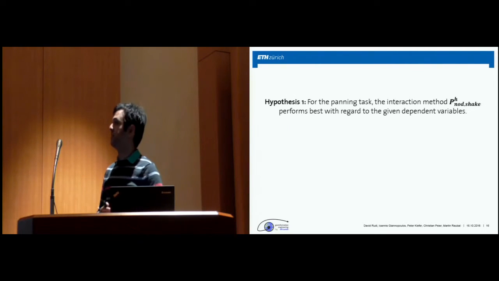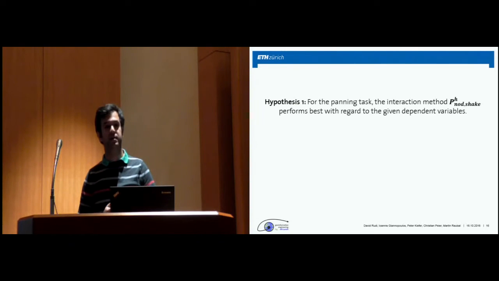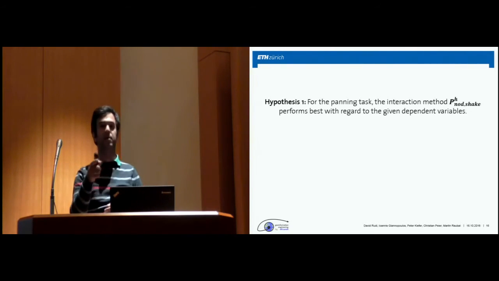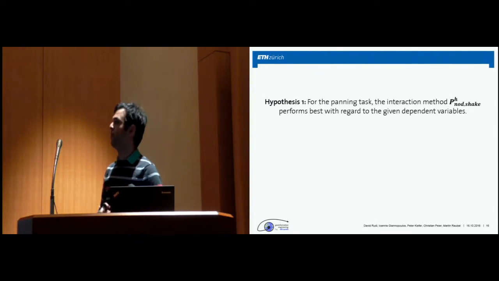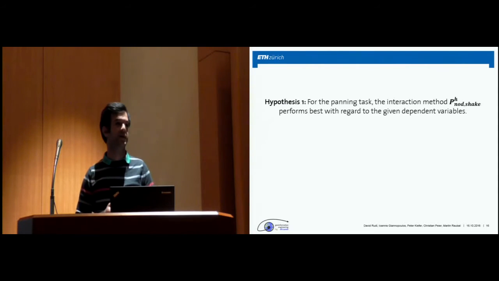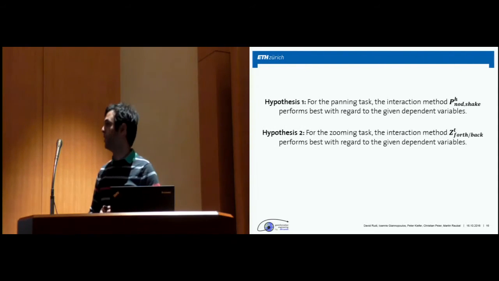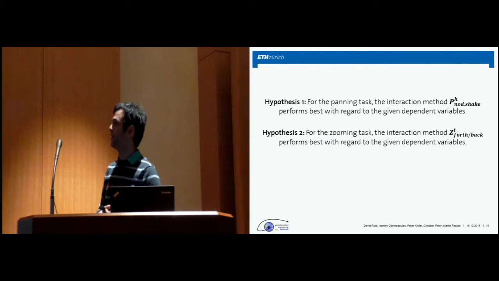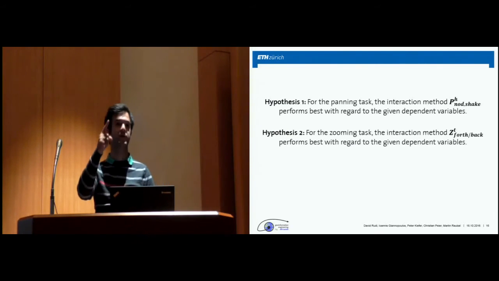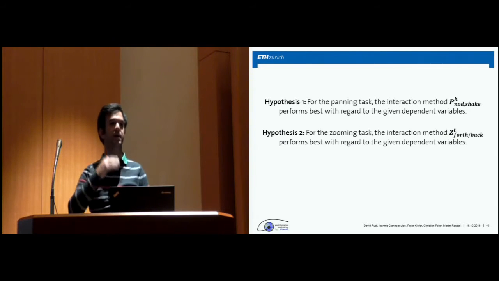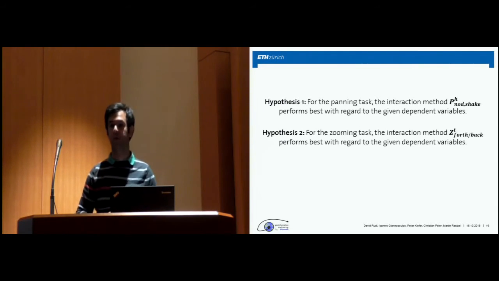First, we said, well, for the panning task, nodding and shaking your head, so basically scanning along the axis, this should outperform the other ones because it's basically fully congruent. And our second hypothesis was that for the zooming task, swiping forwards and backwards along the z-axis and basically moving the display along the same axis should outperform the others as well.